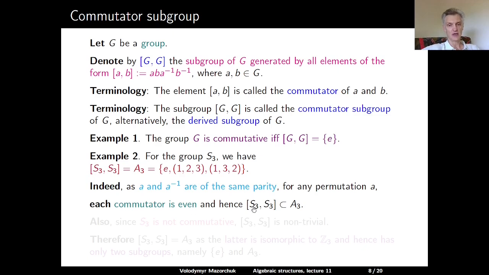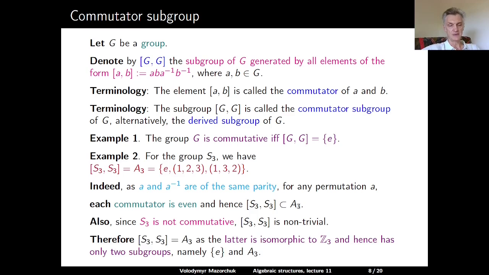And this means that the commutator subgroup of S3 belongs to A3. We know that S3 is not commutative, so the derived subgroup should be non-trivial. But A3 is isomorphic to Z3, and Z3, since 3 is a prime number, has only 2 subgroups, a trivial one or the whole group itself. So this implies that the derived subgroup of S3 should be equal to A3.